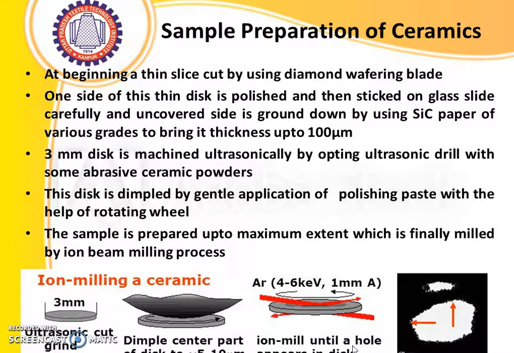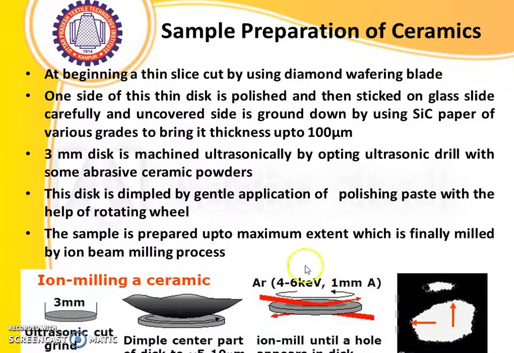Then the 3 mm disc is machined ultrasonically using an ultrasonic drill with some abrasive ceramic powders. In this way, the disc is dimpled by gentle application of polishing paste with the help of a rotating wheel. The sample is prepared to the maximum extent, and is finally milled by the ion beam milling process.